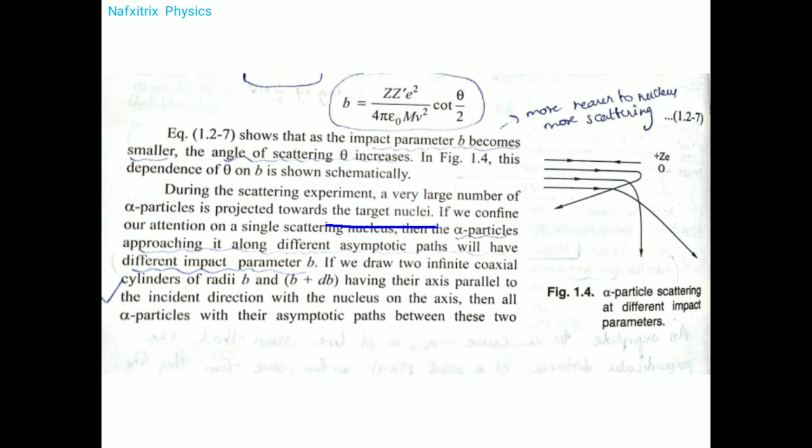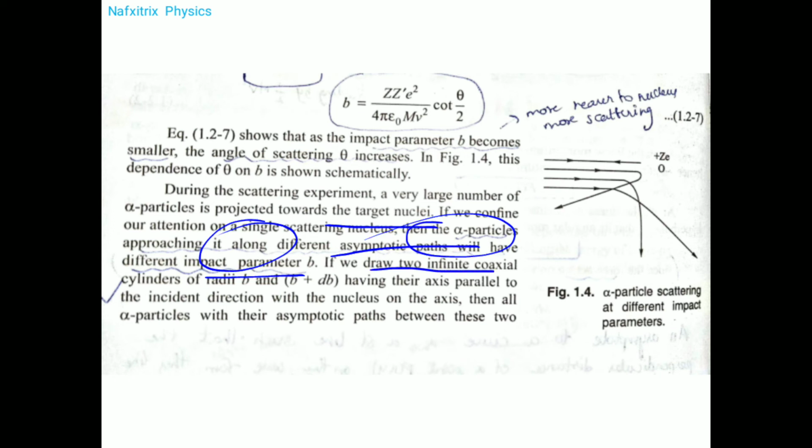Now the scattering by nuclei. We have different effects, so that one I have explained already. If the alpha particle approaches in different directions, there are different asymptotes, different impact parameters.